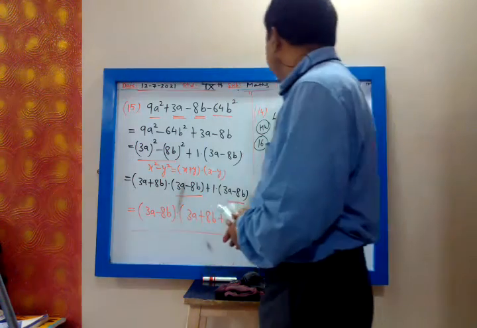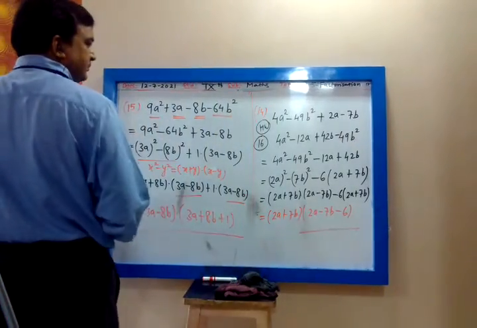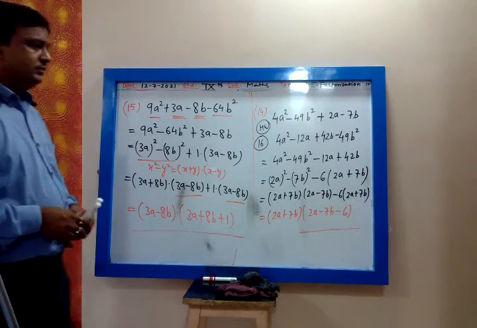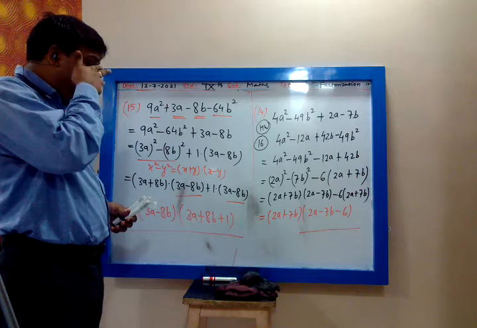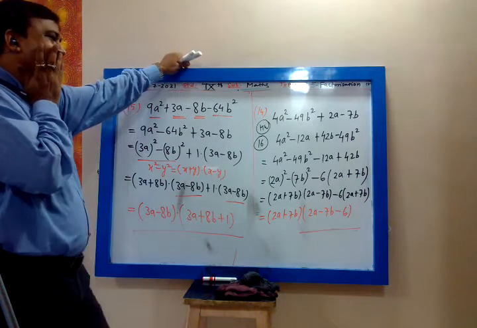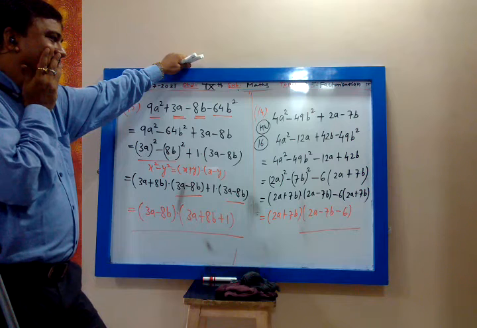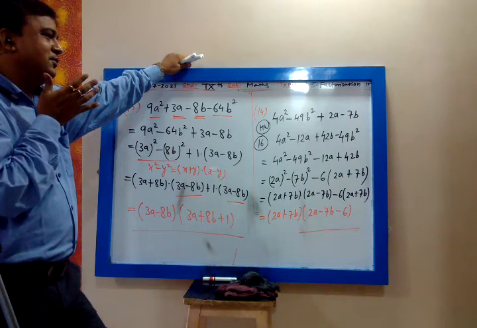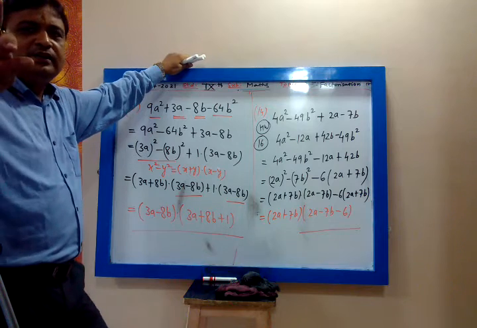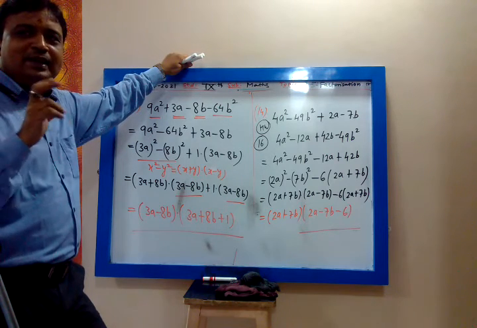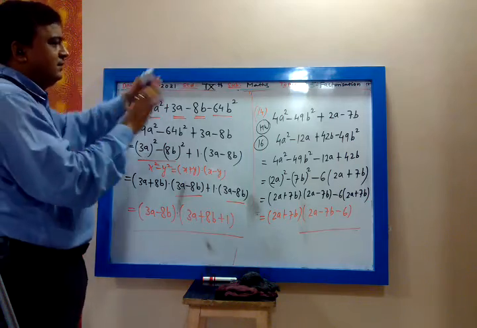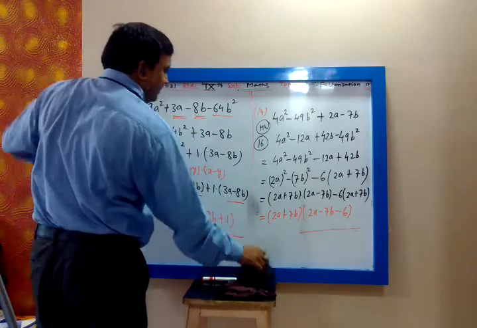So make the correction instead of plus 9. How can you do it with plus 9? Tell me. For the a minus b whole square formula, you should have ab in the middle term. Is ab there? Okay, I understood what you are telling me.